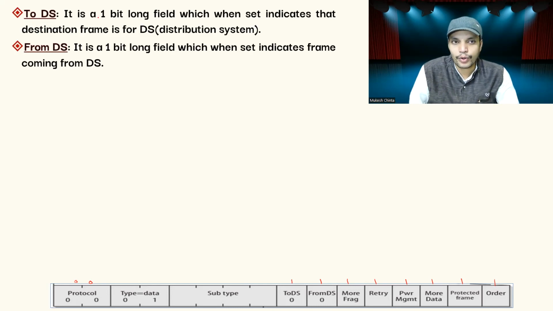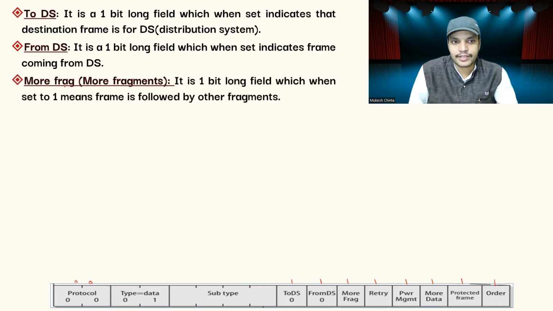If this is a 1 bit long field and it is set, it indicates the frame is coming from the distribution system. So these two identify which way the frame is traveling. Either it is going to the distribution system or it is coming from the distribution system.